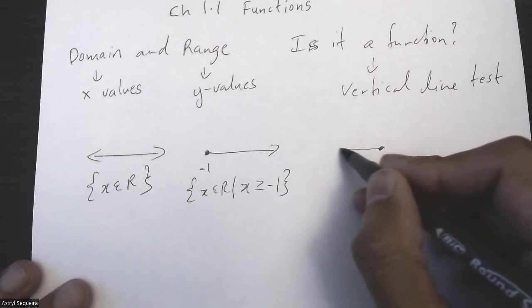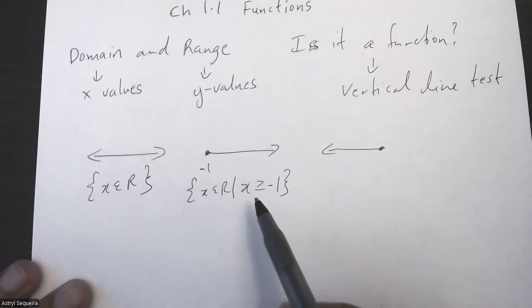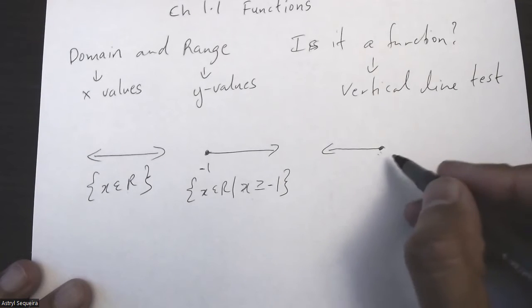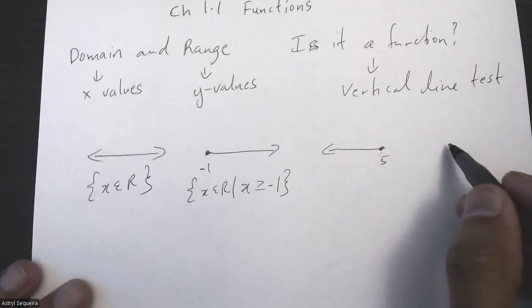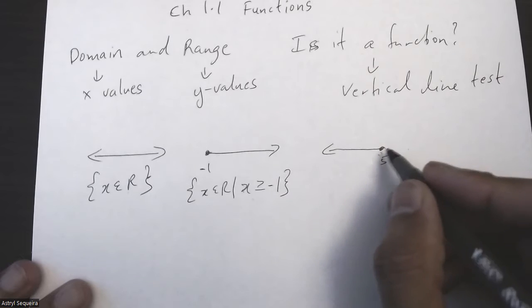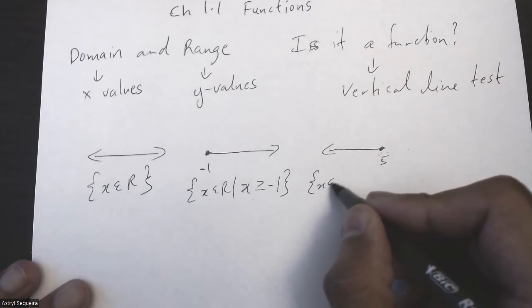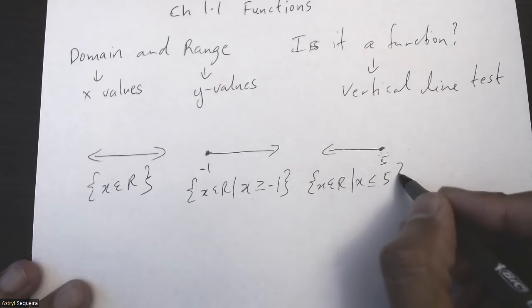Similarly, you can have something going in the opposite direction. So this is a single condition. This is no condition, single condition. This is also a single condition. Let's say this is 5. Over here, x cannot be 6, 7, 8, or any number larger. X has to be smaller than 5 or equal to 5. So here my domain is all real numbers, and it's less than or equal to 5.